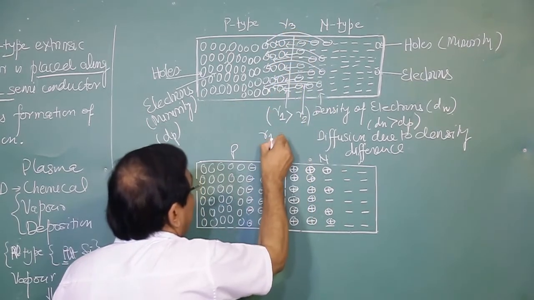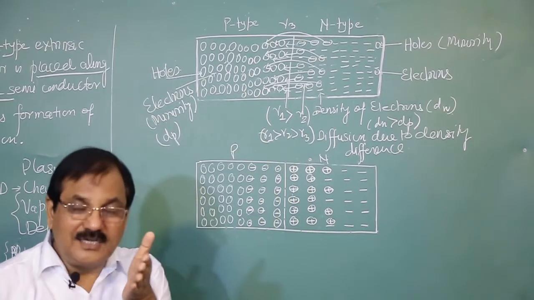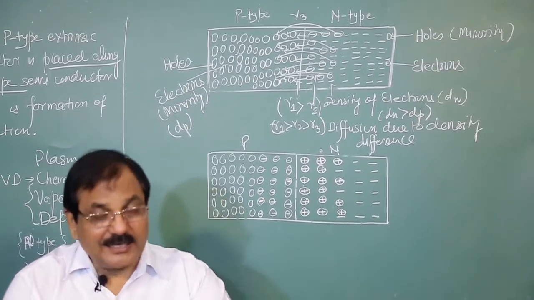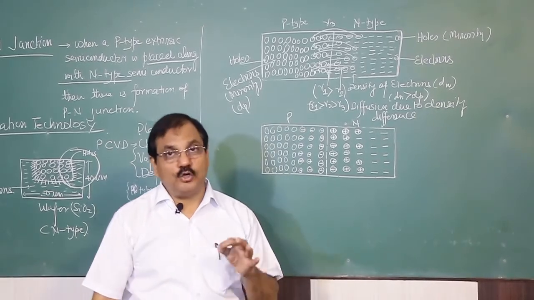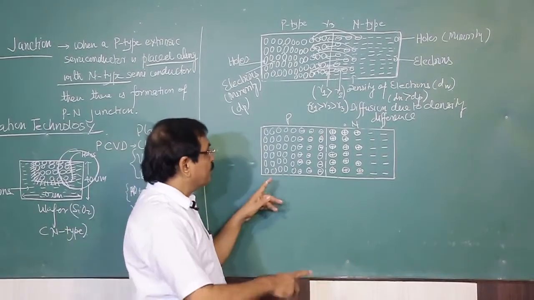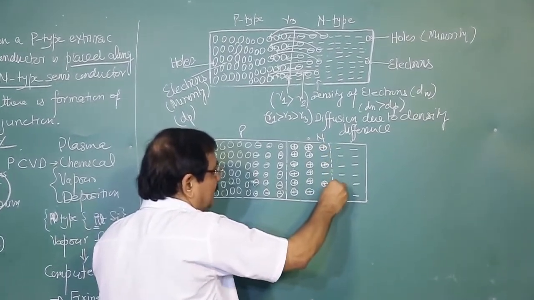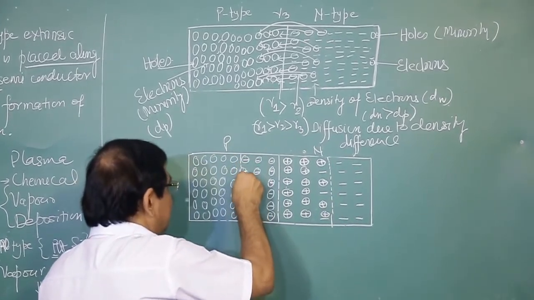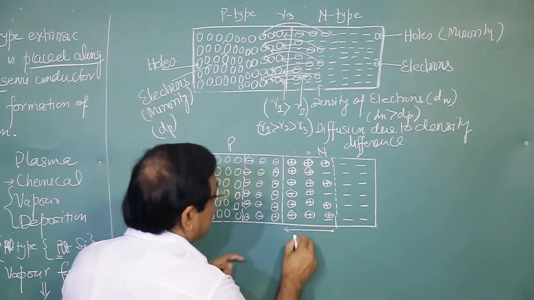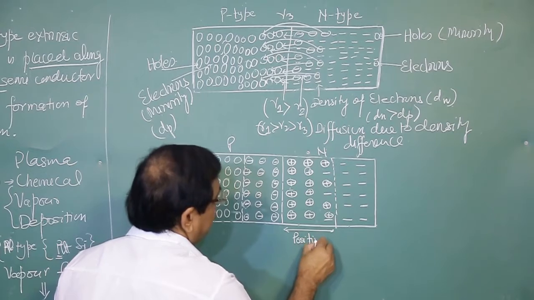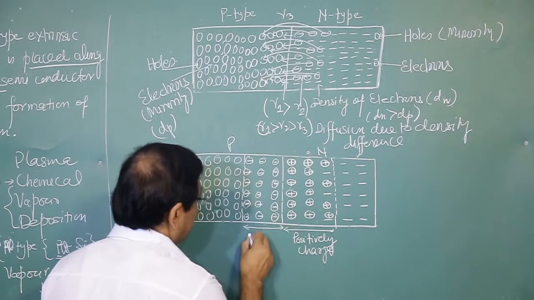So, what we find is R1 is greater than R2, which is greater than R3. The first layer diffuses quickly, the second layer diffuses slower than the first, and the third has the slowest rate of diffusion. So, this slowest rate of diffusion means you can demarcate this portion across the p-n junction, where this region is positively charged and this region is negatively charged.